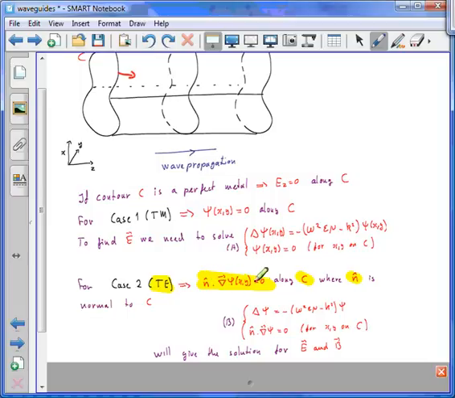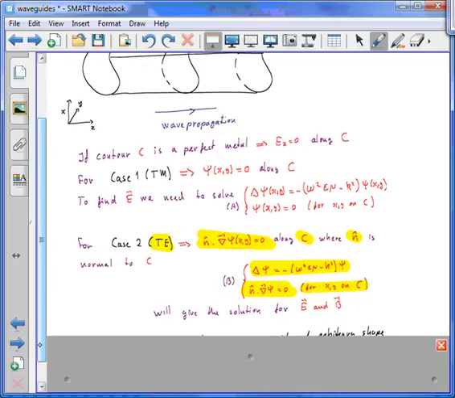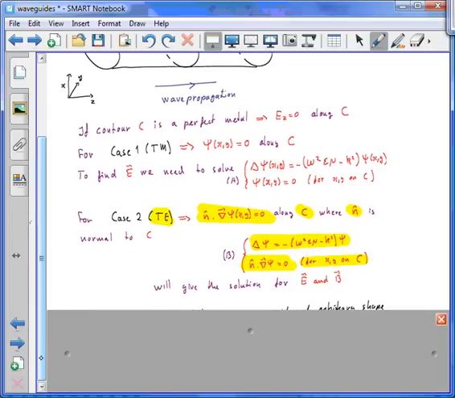So by imposing this condition on psi, again we have to solve the differential equation of the Laplacian of psi equals omega squared epsilon mu minus k squared times psi, but at the same time imposing the boundary condition where n times gradient of psi equals 0 along the boundary of C. And this will give us the TE solution for the electric field and magnetic field.